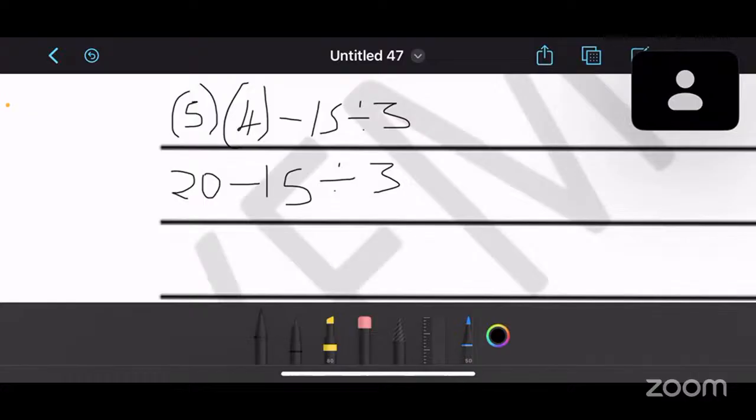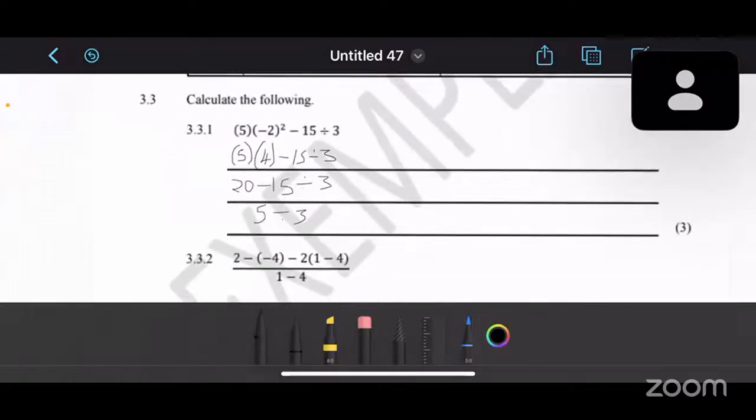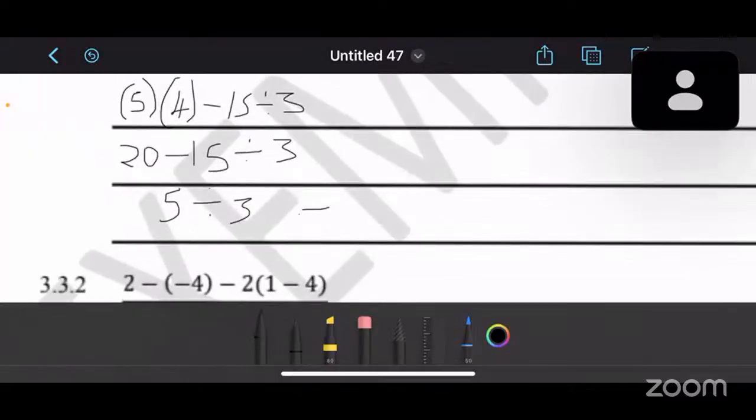What did you say? I mean, the second last. Oh man, I think I made a mistake. You're going to minus 20 minus 15, which is 5 divided by 3, which is equal to 5 over 3.